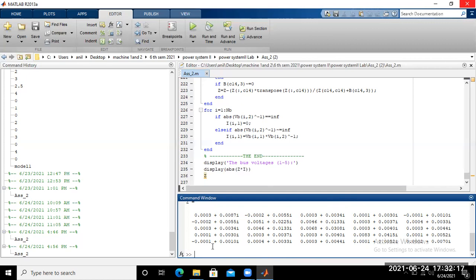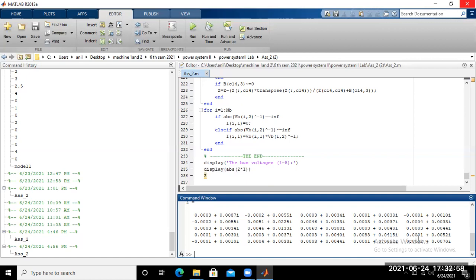So you may obtain each element: Z11, Z12, Z13, Z14 and Z15; then Z21, Z22, Z23, Z24 and Z25; similarly Z41, Z42, Z43, Z44, Z45; and Z51, Z52, Z53, Z54, Z55.